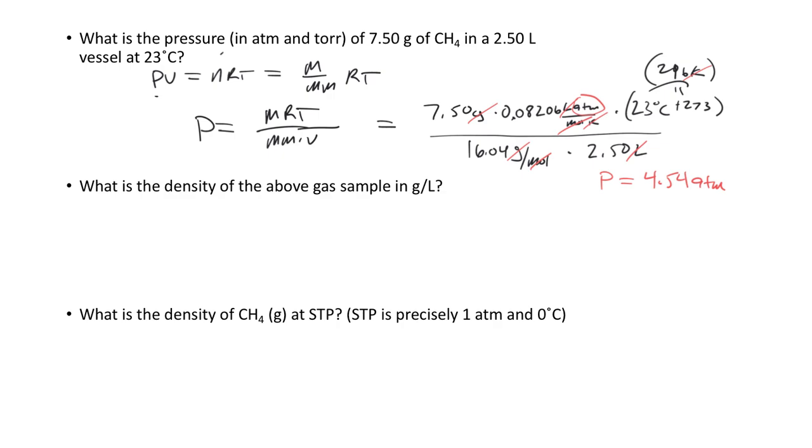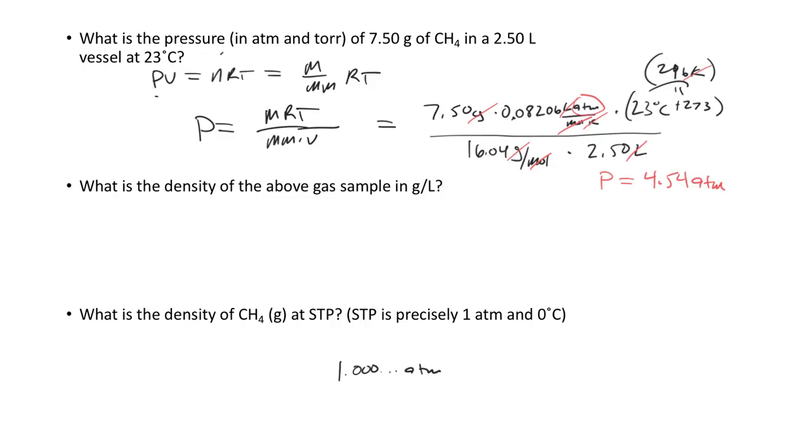So the density at STP, remembering that it's 0 degrees C, would be calculated from pressure times molar mass over RT. In this problem we're plugging in the pressure of precisely 1 atm. STP means precisely 1 atm, so it's like 1 with an infinite number of zeros in terms of sig figs.